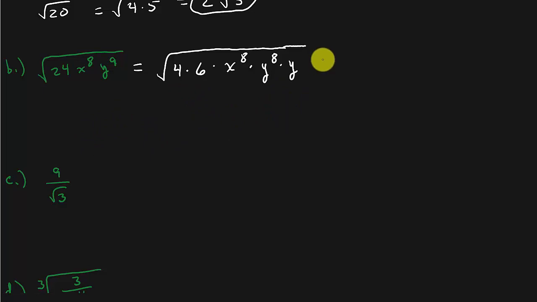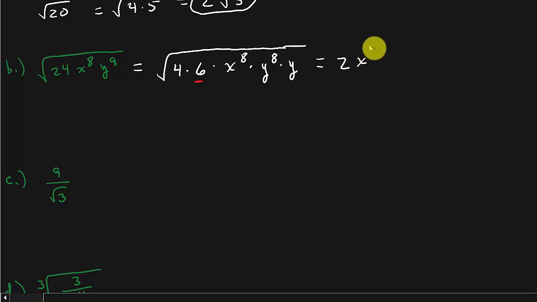And now we can go ahead and take the square root of everything. So the square root of 4 is 2. All right. Now what about the square root of 6? Well, 6 is not a perfect square. It doesn't have a factor that's a perfect square. So the 6 just has to stay underneath. And then I go to the next factor. 2 goes into 8 4 times.